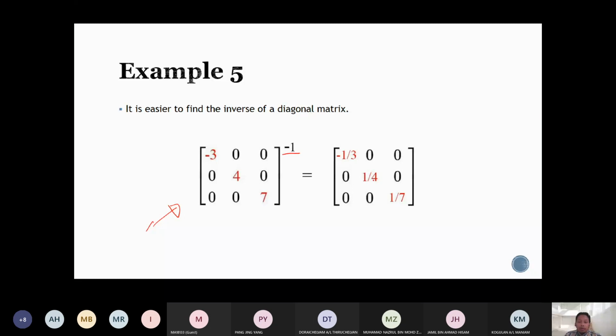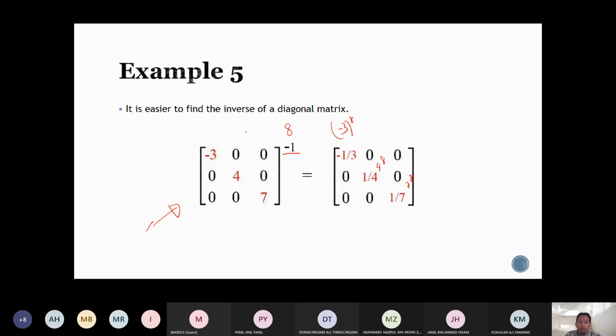-1/3, 1/4, 1/7, and the other elements are 0. Okay, so you just power them. So let's say if you want to find this matrix power of 8, for example, it becomes -3 to the power of 8, 4 to the power of 8, 7 to the power of 8.